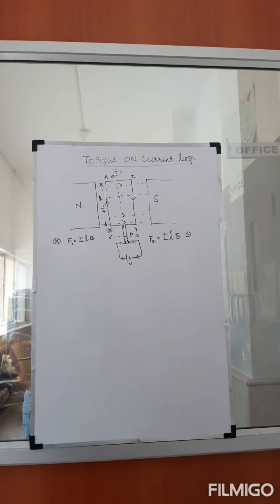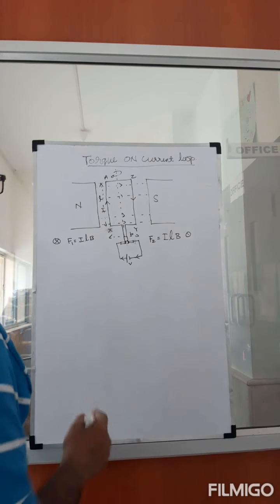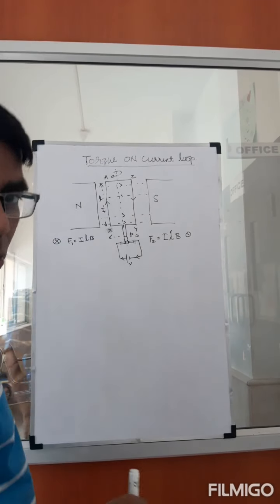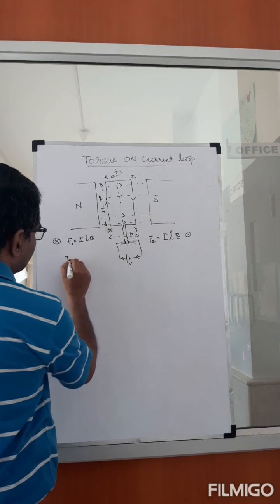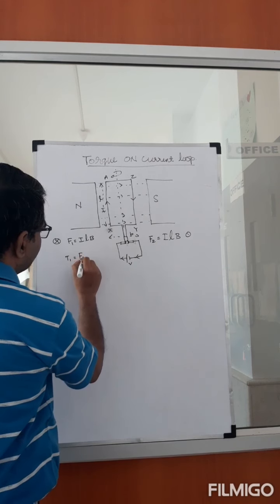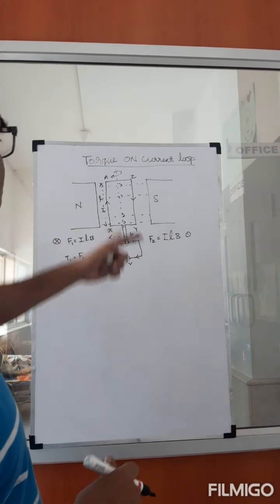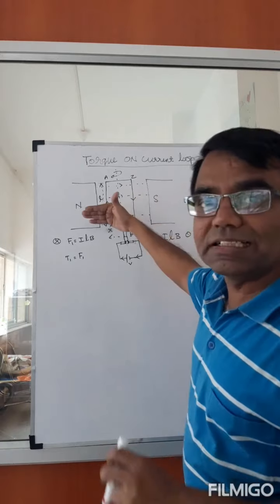Now let's talk about the torque produced by this. This is a rotational axis, and we calculate the torque for this force. So T1 is going to be equal to F1 into, what do you get now? The perpendicular distance.